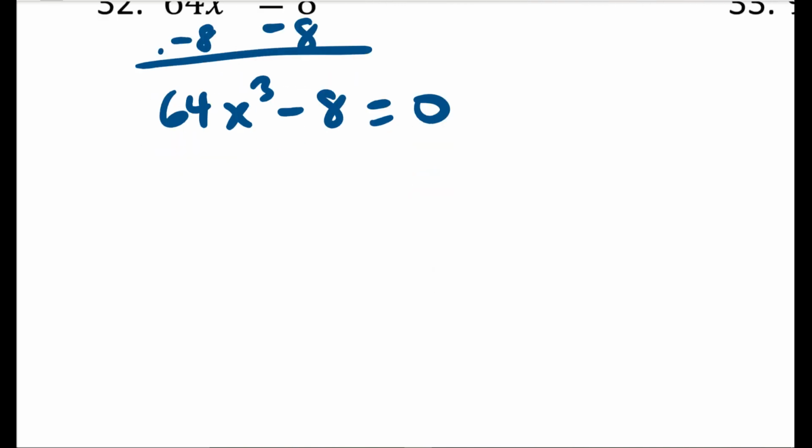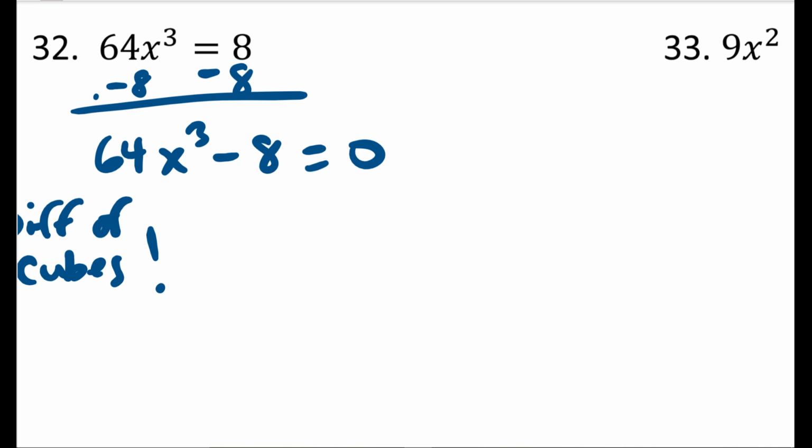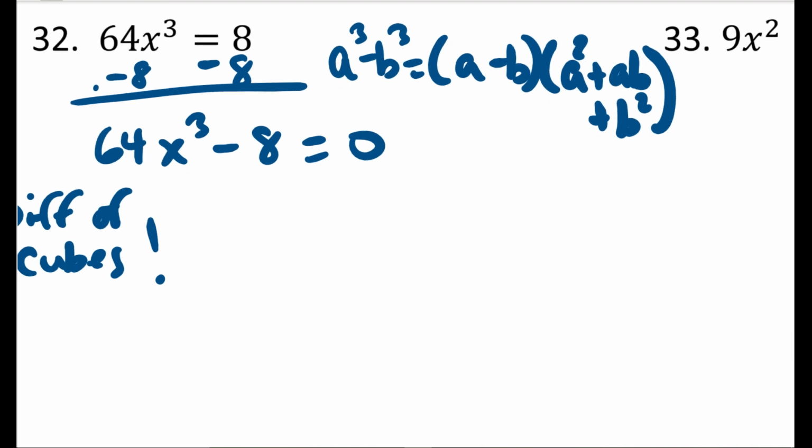Okay, notice that this is a difference of cubes. Remember that the difference of cubes is a cubed minus b cubed equals a minus b, times a squared plus ab plus b squared. So that's the formula for the difference of cubes.